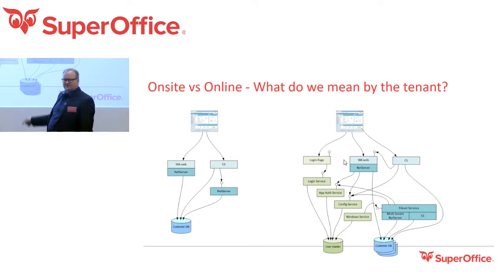We have roughly 2,200 running tenants in the production environment, at least a couple of weeks ago. Each of these tenants has their own database. So we have created a system where we're trying to reduce the footprint of the client.